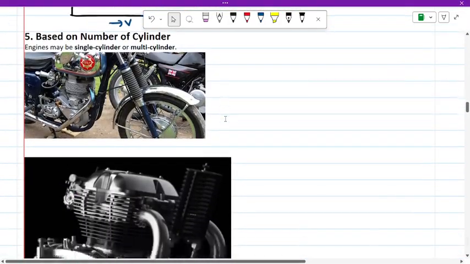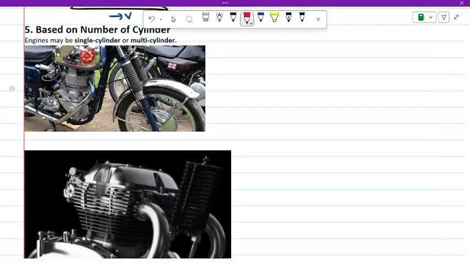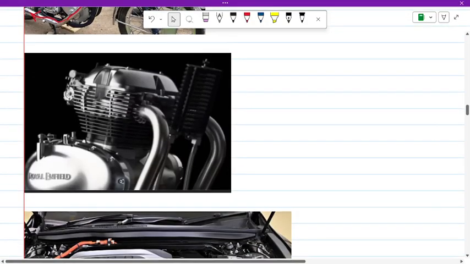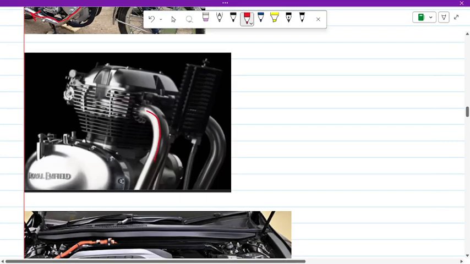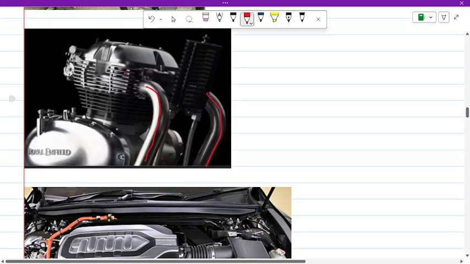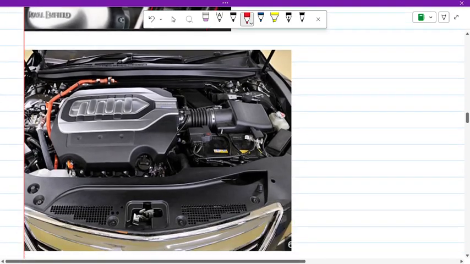Then based on the number of cylinders, you can see this is a single cylinder, because there is a single exhaust pipe, but in this one there are two exhaust pipes. So it must have two cylinders, two combustions will take place. That is why the exhaust will also be twice.